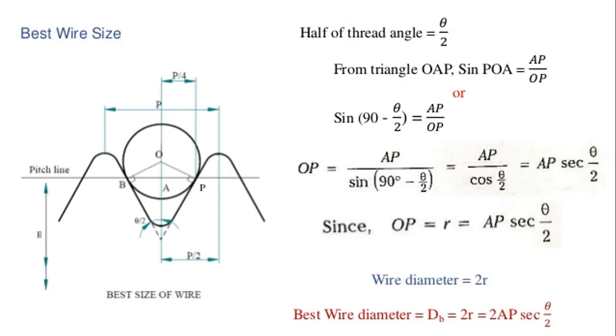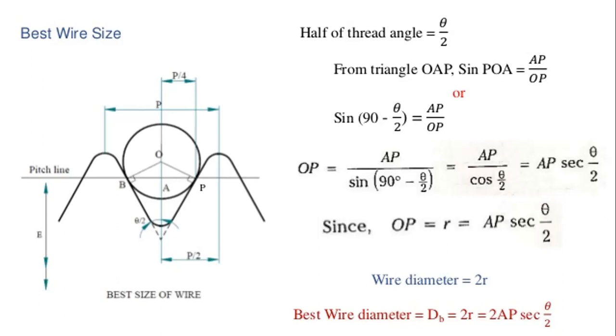Then the best wire diameter db is equal to 2R, that is 2 into AP into secant theta by 2.